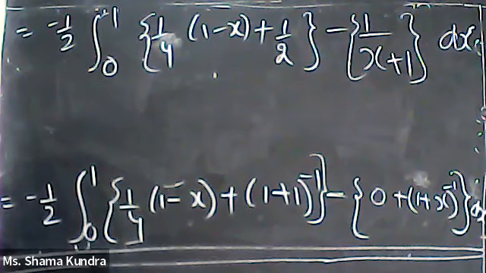Note, if any term has a negative power, it goes in the denominator, and we use the formula: the integral of 1 by x is log x plus c.